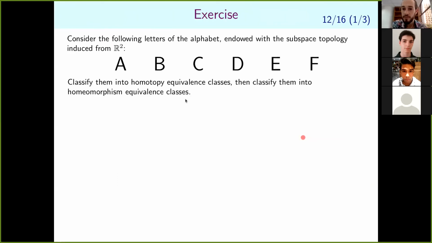Now I have a little exercise for you. Please take 5 minutes. I take the first 6 letters of the alphabet, A, B, C, D, E, F. I want you to classify them into homotopy equivalence classes, to tell me which of them are homotopy equivalent. And then, once you've done that, I want you to classify them into homeomorphism equivalence classes.